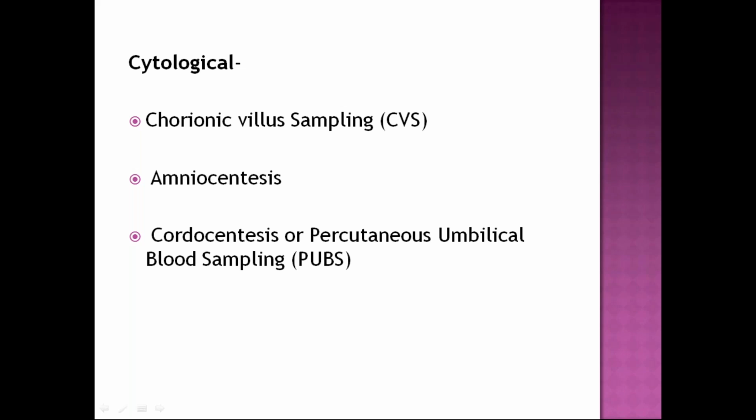In cordocentesis, what we are doing is blood transfusion or collecting blood from the umbilical cord. Again, intrauterine infusion of blood. Amniocentesis, most of you know what it is. Chorionic villus sampling, CVS, all these things. So these are the things we are doing in early pregnancy.